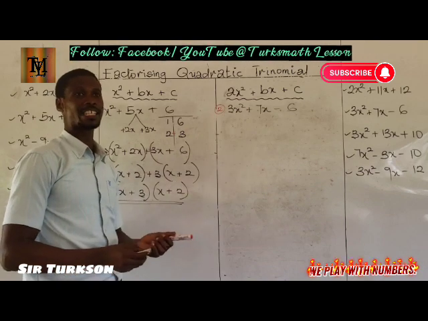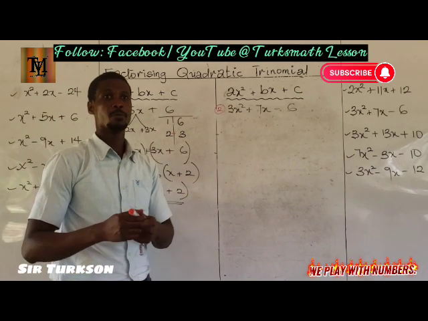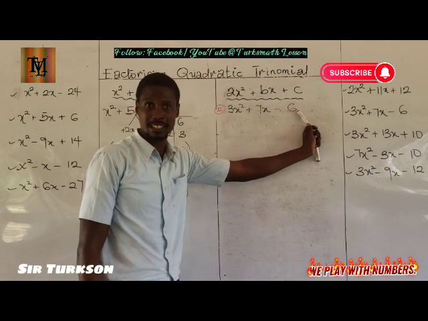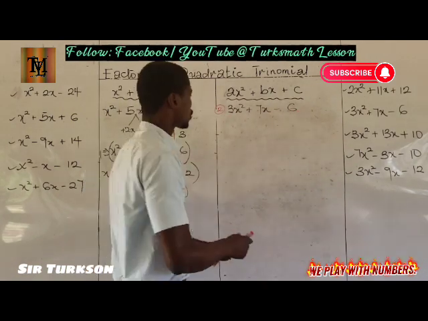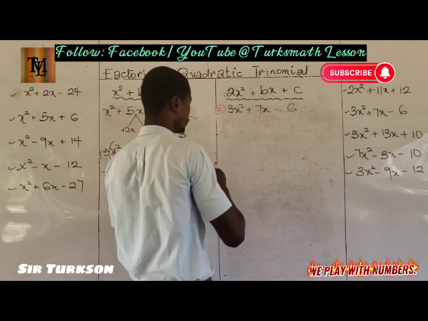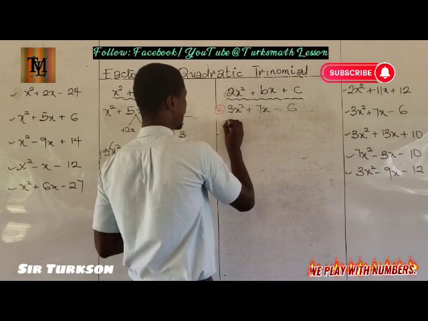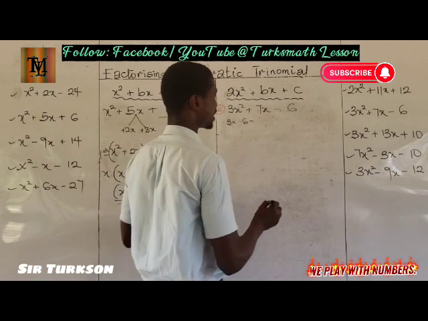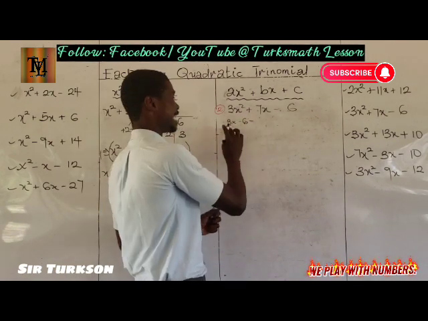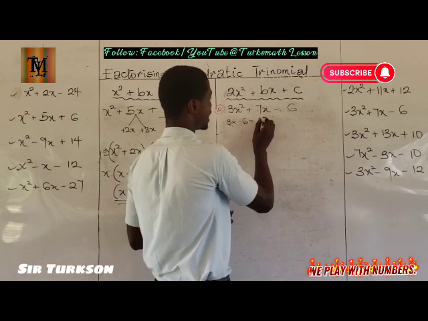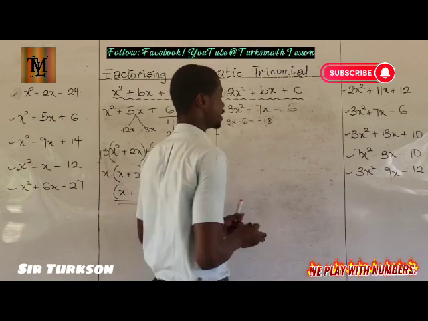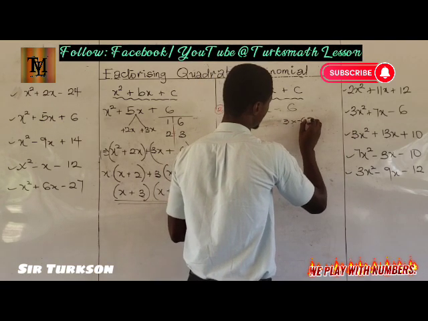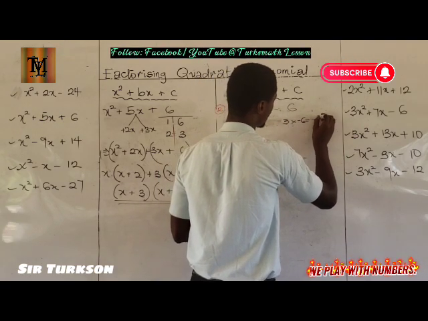So before you get the factors, what are you supposed to do? Yes. Before you get the factors, multiply the coefficient of x squared by the constant, which is what? 6. So we are going to have 3 times negative 6. 3 times negative 6 equal to negative 18.